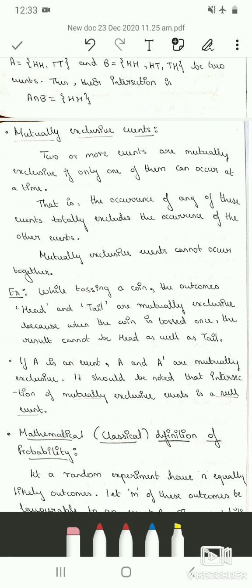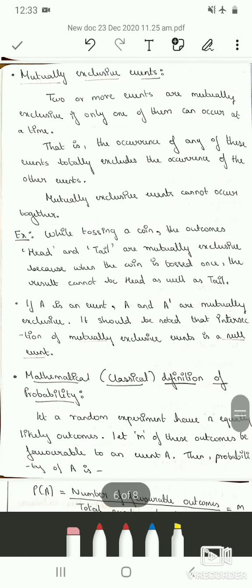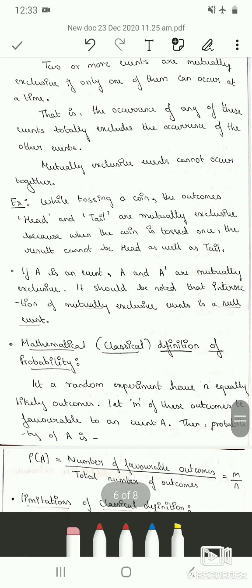So suppose you are tossing a coin, the outcomes head and tail are mutually exclusive, because when the coin is tossed once, the result cannot be head as well as tail. So when you toss a coin, either you will get head or you will get tail. You can't get, for a single coin, the outcome to be head as well as tail. So occurrence of one event excludes the occurrence of the other event.